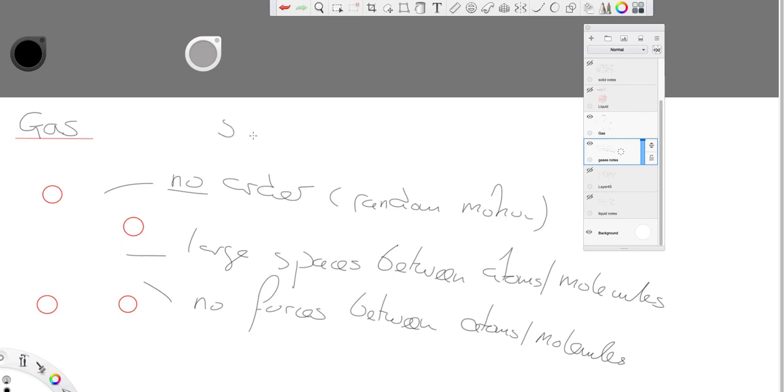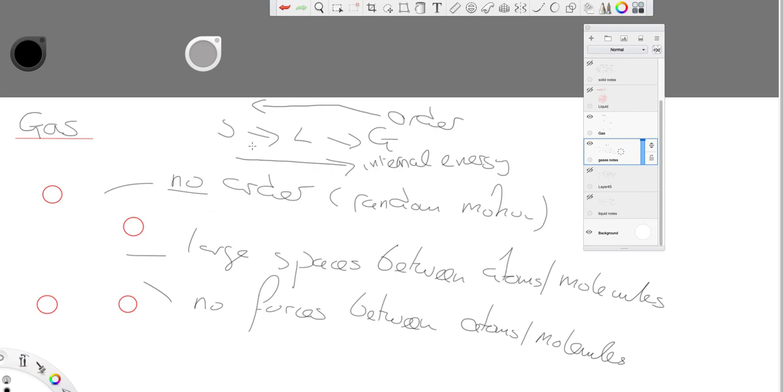So going solid to liquid to gas, order increases that way, and the internal energy increases that way.